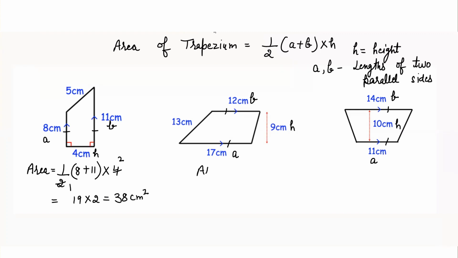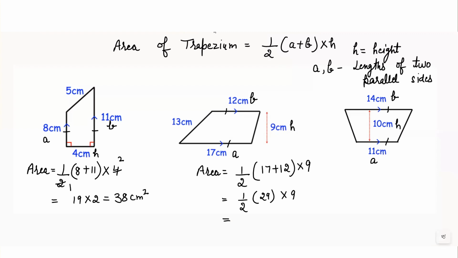Now, if I calculate the area of the second trapezium, it will be equal to 1 by 2 into A is 17 plus 12 and H is equal to 9. Now, I cannot simplify 9 with 2. So what do I need to do? I have to add 17 with 12, which is equal to 29 into 9.